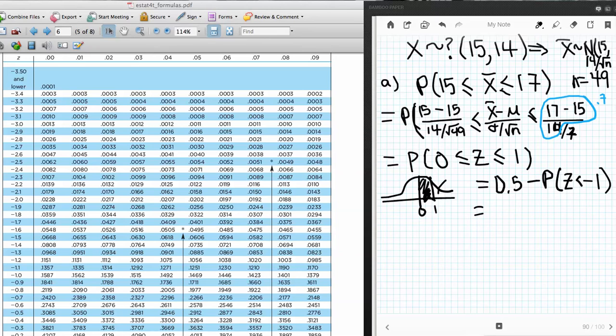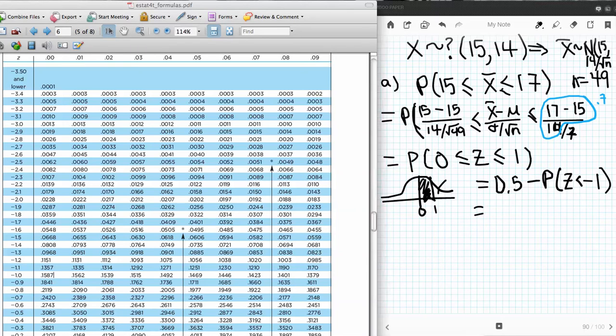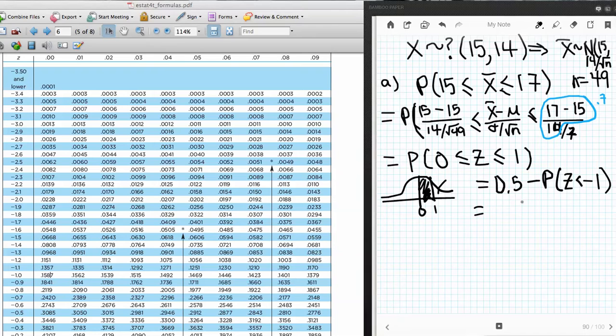So I go over to my table, I look for a negative 1, and I find this value right here, 0.1587. So I have 0.5 minus 0.1587, and I'm going to make that subtraction, and we get 0.3413, and that will be my probability here.